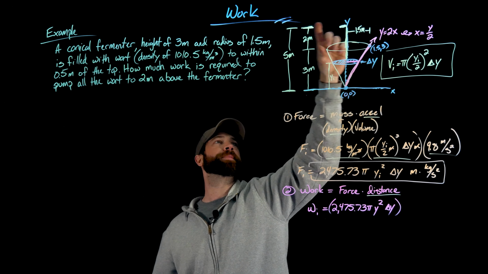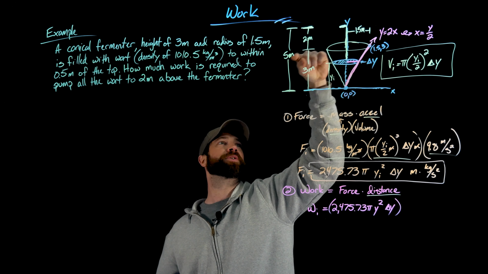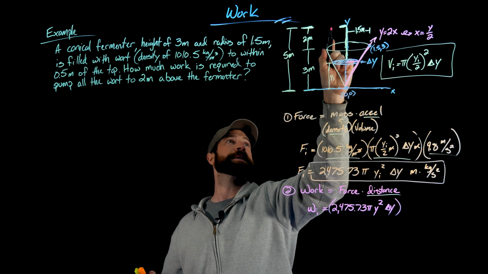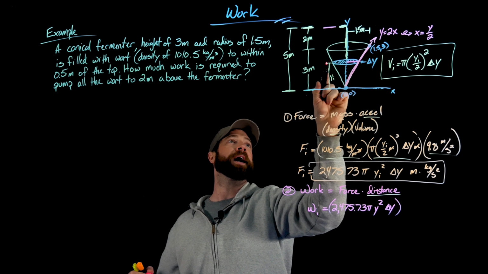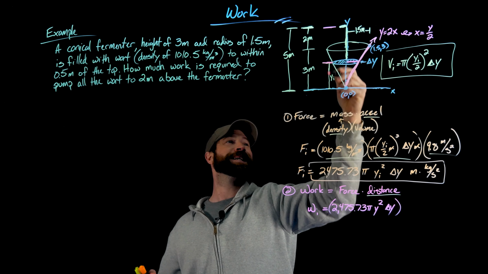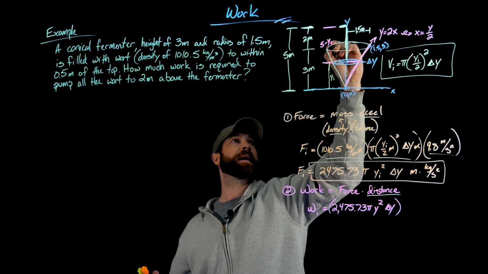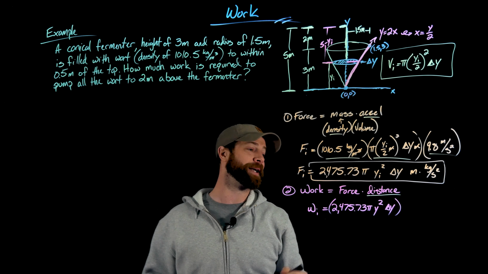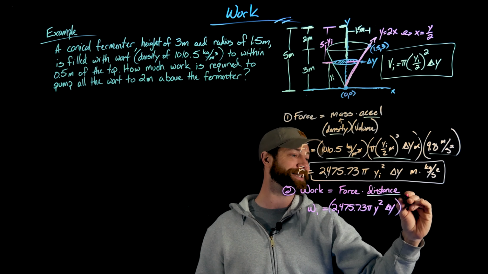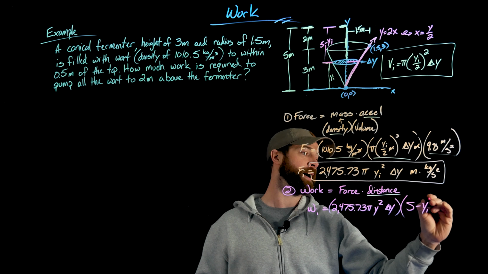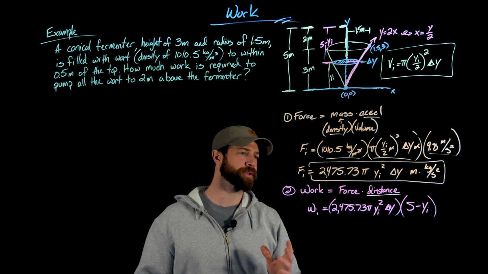If I want to get all the way up to 5, it's just the difference between 5 and this height right here. So the height to pump this will be 5, minus the height of the slab I'm looking at. So this will be 5 minus yi, the distance that I'll need to pump each of these. So there we have it.